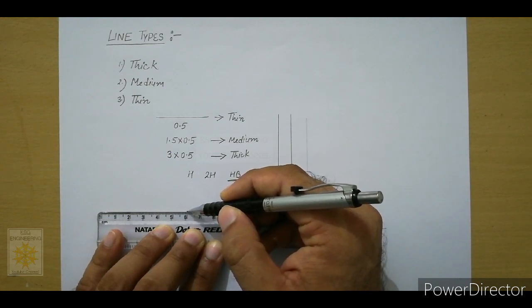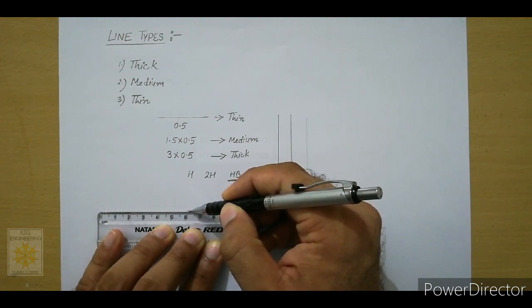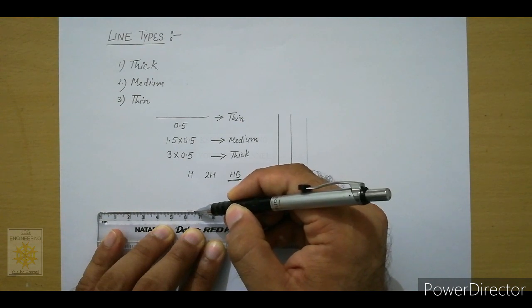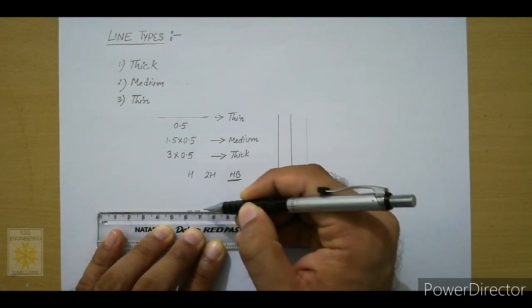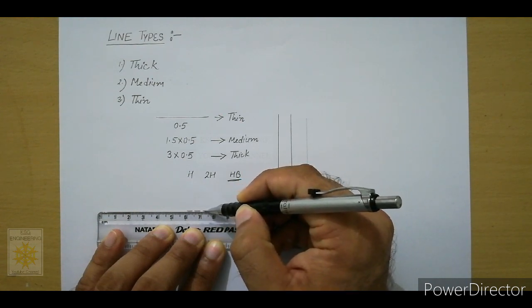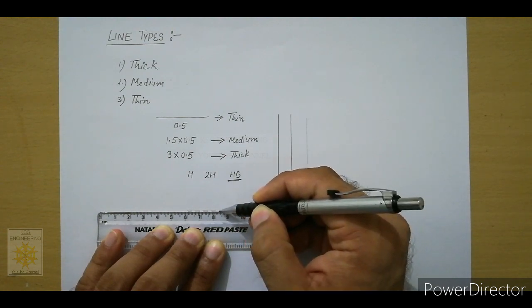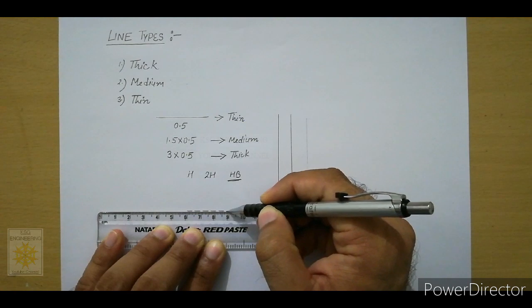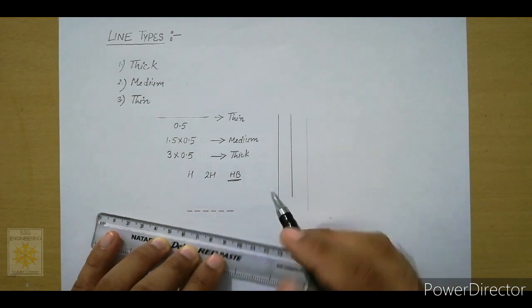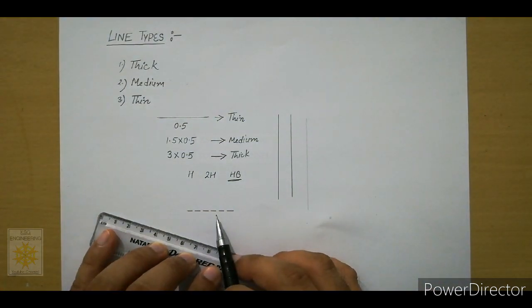When we draw, we will measure 3 millimeters, leave approximately a 1.5 mm gap, then 3 millimeters, 1.5 mm gap, and we will repeat this pattern up to the required length in the drawing. So this type of line is called a dashed medium line.